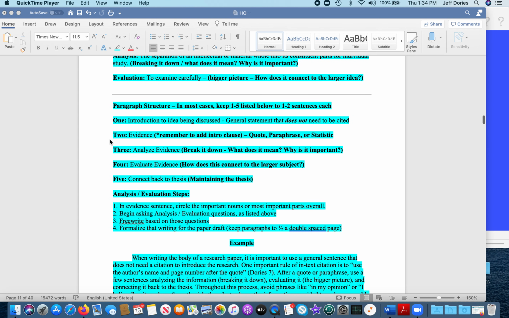And the structure looks like this. 1 through 5, and each of the 1 through 5 should normally be 1 to 2 sentences, with extreme cases where you'll see a third. Okay, so first the introduction to the idea being discussed, a general statement that does not need to be cited. Hip hop is becoming incredibly important in Japanese culture, right?